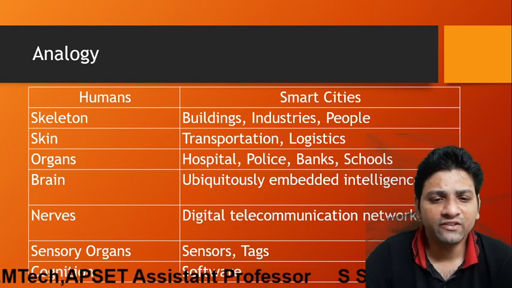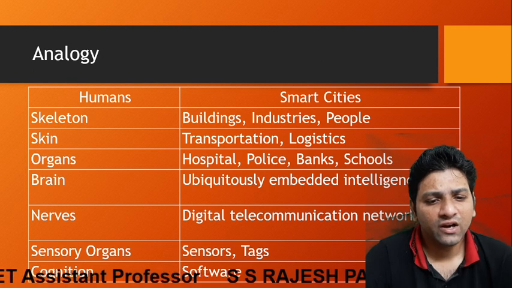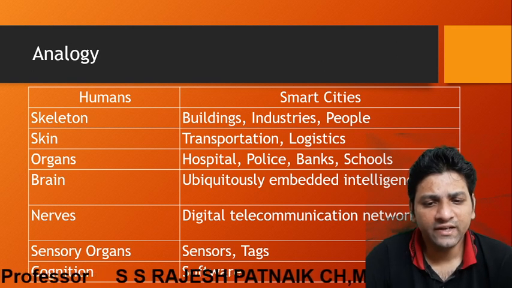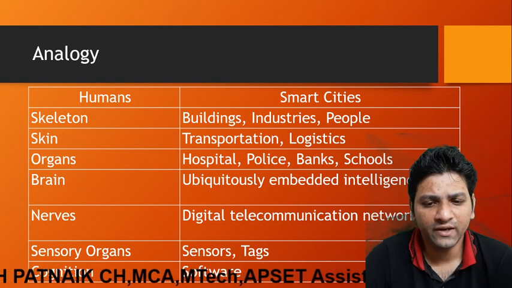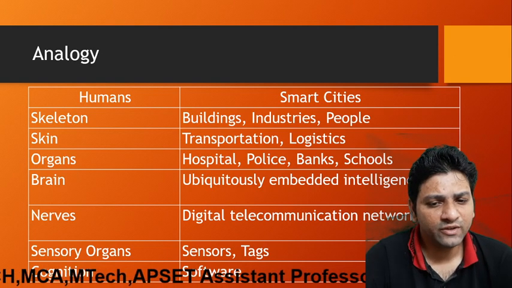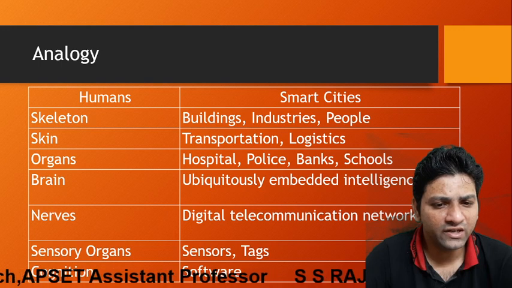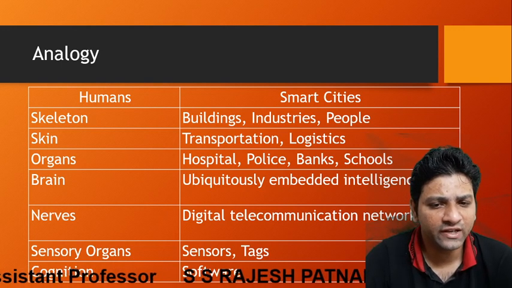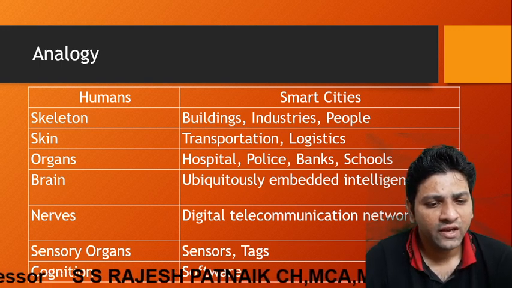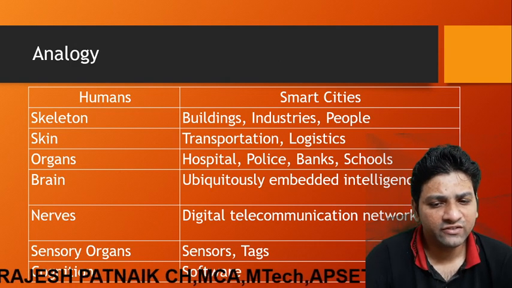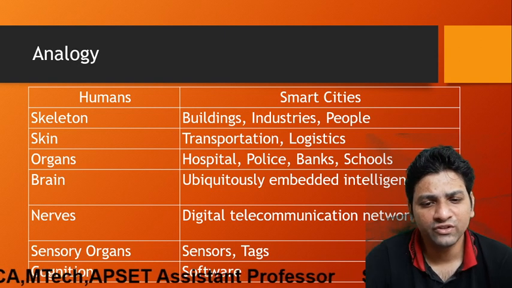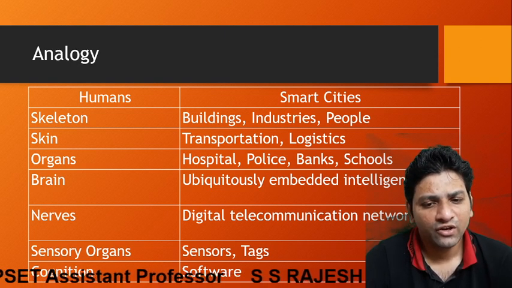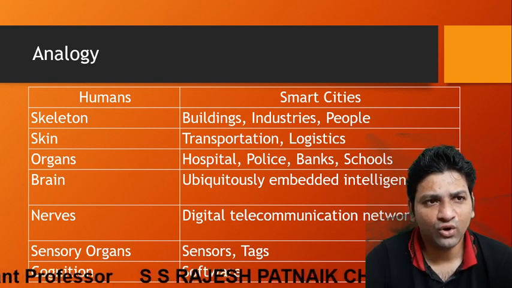Similarly, in smart cities there is embedded intelligence, meaning AI tools and other things are used like a brain. And what is the nervous system? The digital communication through networks. Nowadays, every person is using smart devices, smartphones, and all these things.